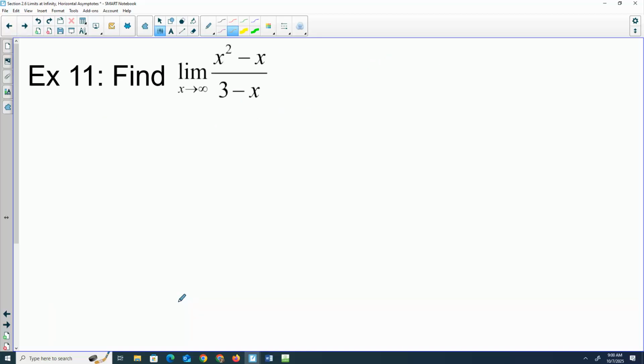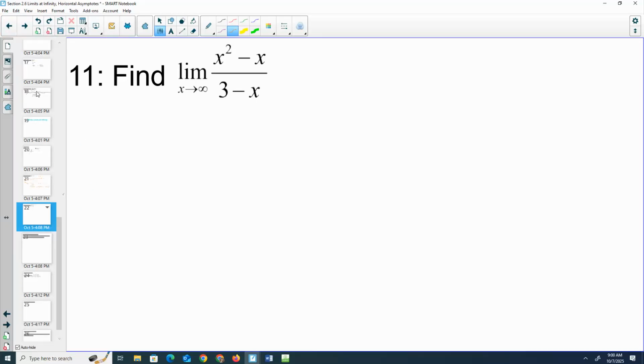All right. So what if I wanted to try to figure this one out? Yesterday we did one with our rational functions. Do you guys remember what we tried?